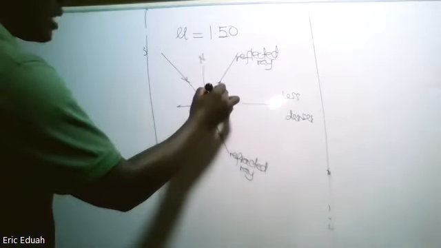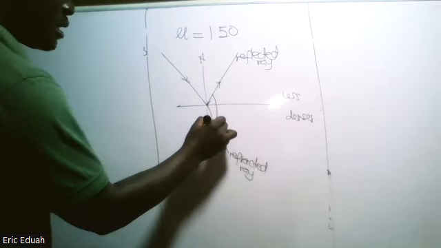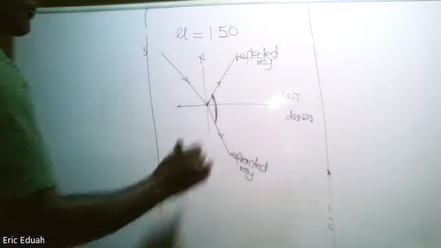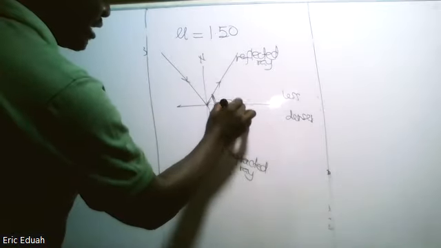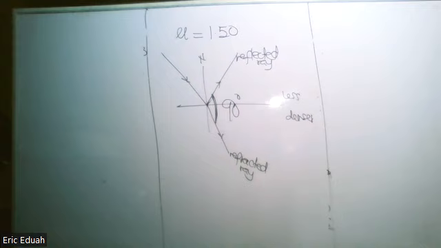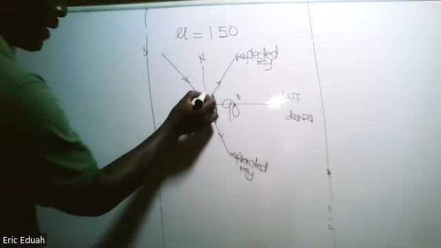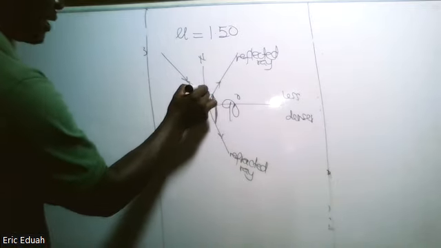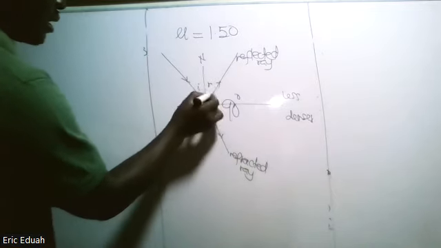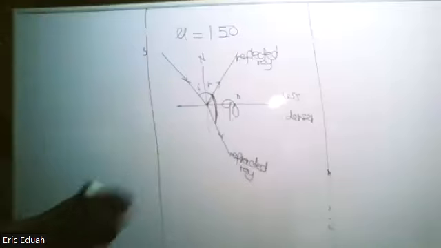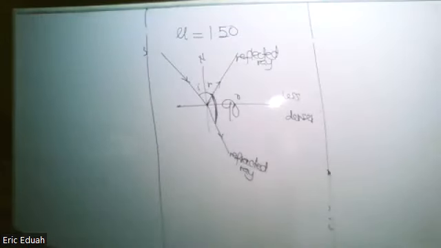We are told that the angle between the refracted and the reflected ray is 90 degrees. This is the angle of incidence. This is the angle of refraction. Don't forget, angle of incidence is equal to angle of reflection.